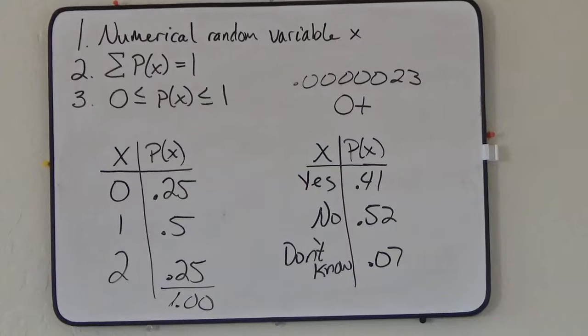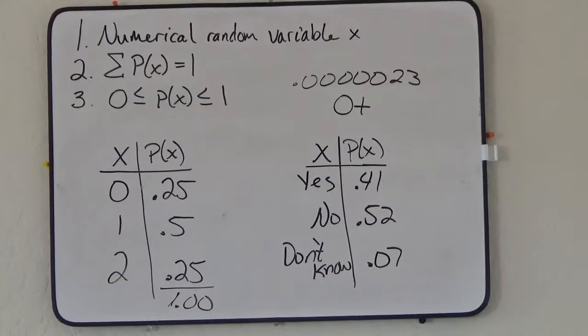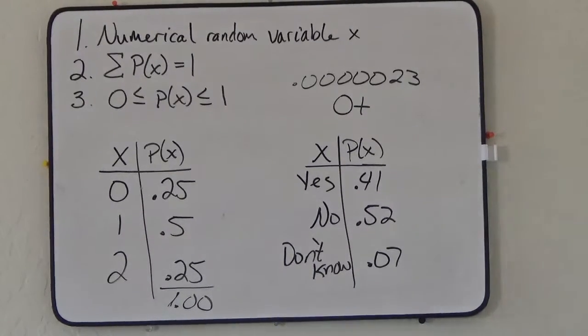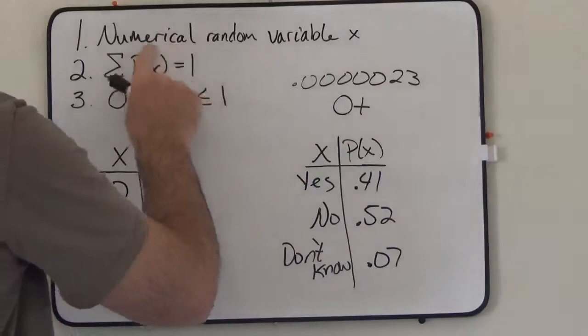Now, look at the other table there. If this is a poll asking subjects if marijuana should be legal, your own personal views aside, you'll see that X has yes, no, and I don't know. And then you have your probabilities. And it's asking, is this probability distribution? Well, are my X values numerical?